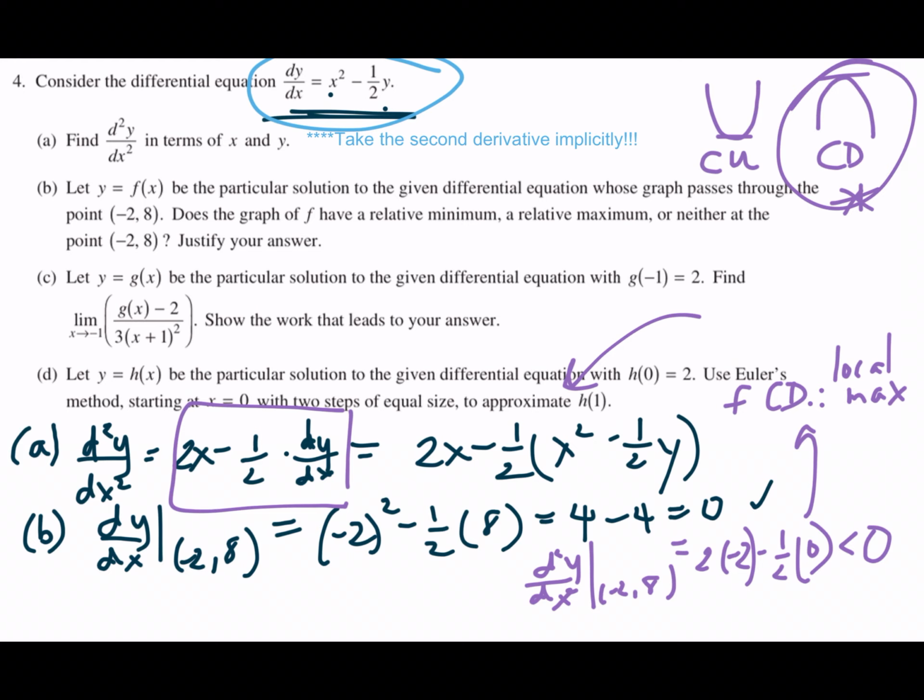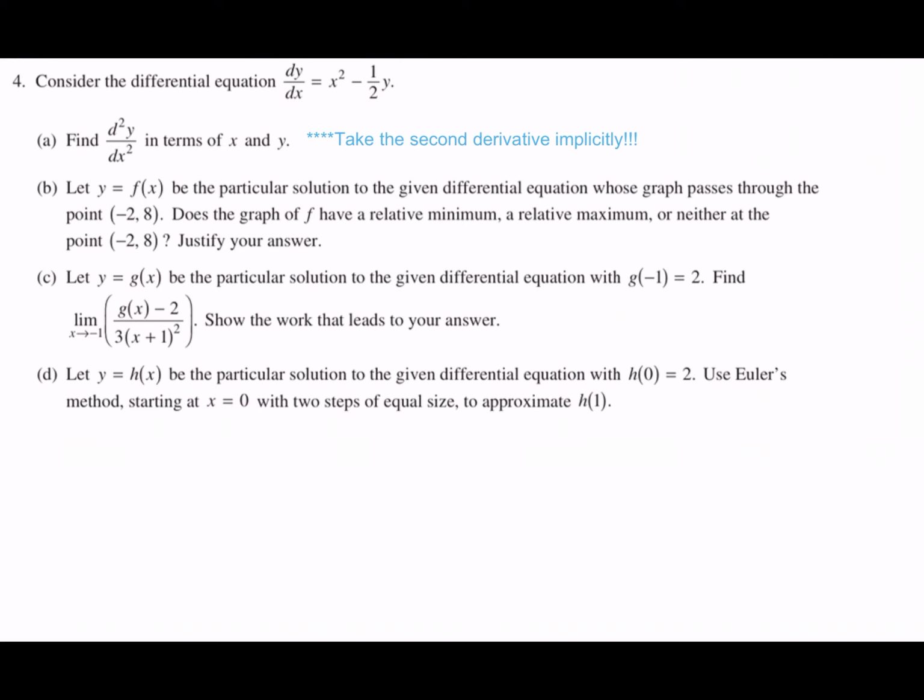All right, let's move on. Looking at part C, it says g is the particular solution to the given differential equation. You see it doesn't say at any point to find the solution. If I look at the differential equation, I can't even do separation of variables on this, so something's up here. My very first thing is to check my limit.